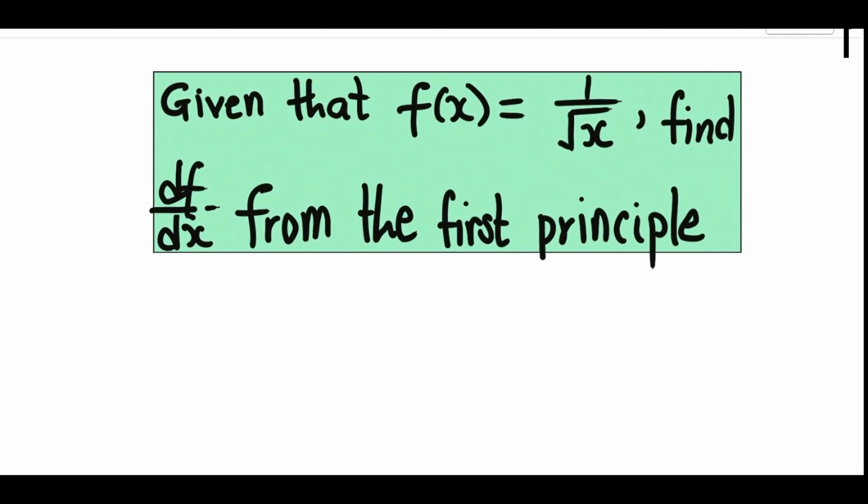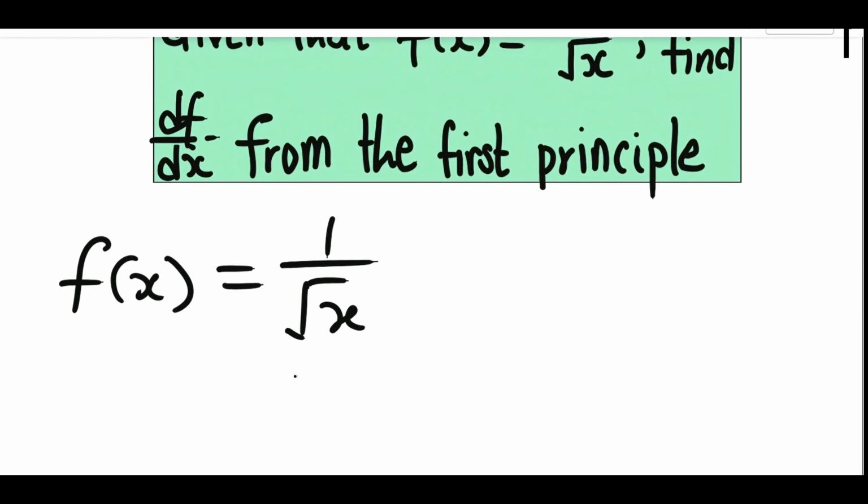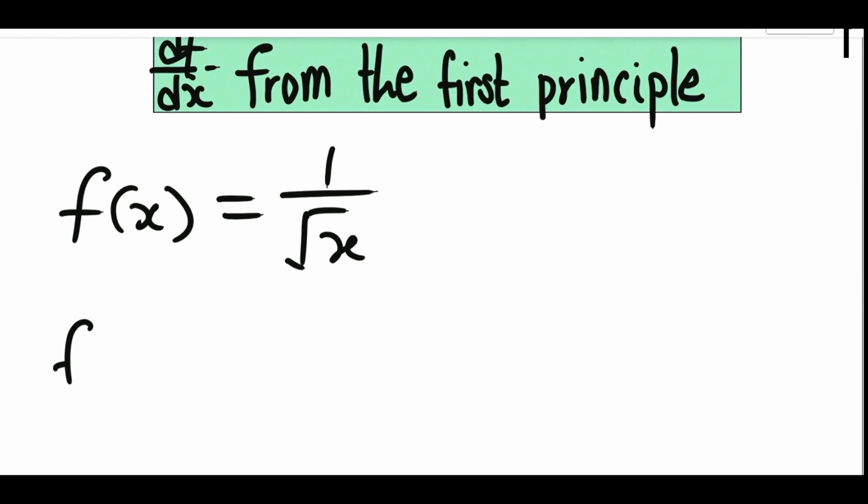So let us start with our function, f of x, to be 1 divided by the square root of x. So this becomes the original function. Let us find our f of x plus h.